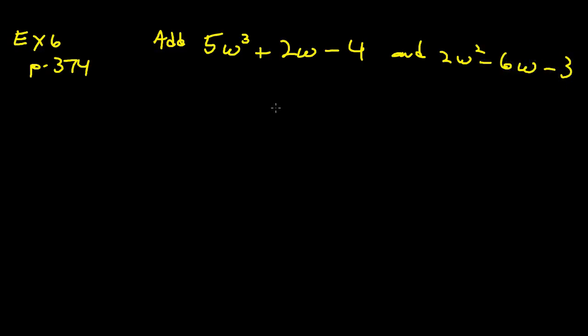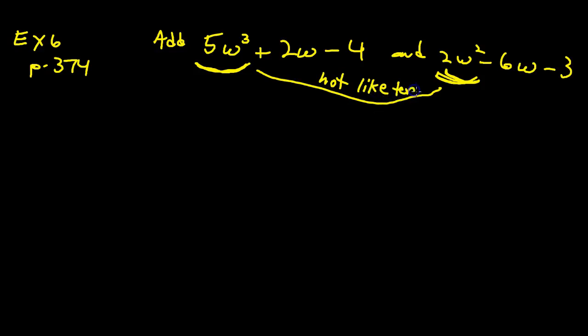All right, the reason I didn't line these up in columns right away is because I see this is a degree 3, this is w to the third power, and this is a degree 2 term. These are not like terms. All right, so they cannot be combined with a simple addition.